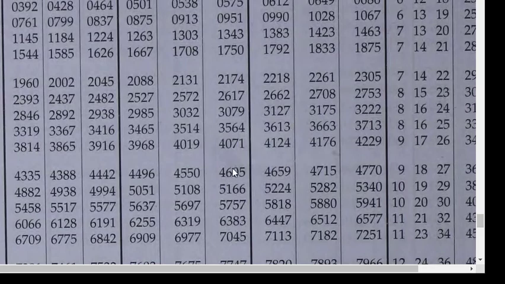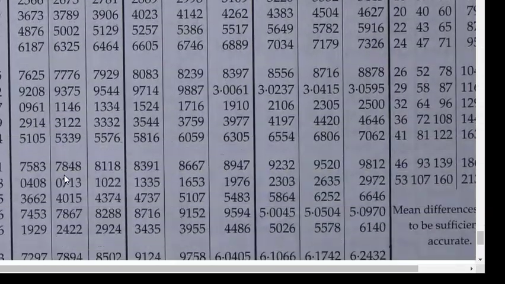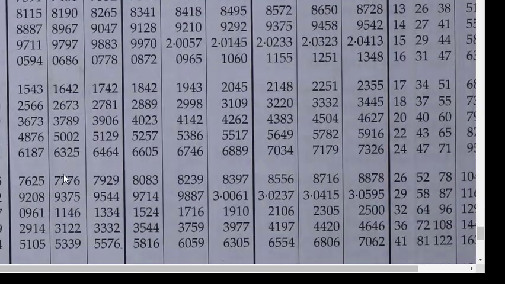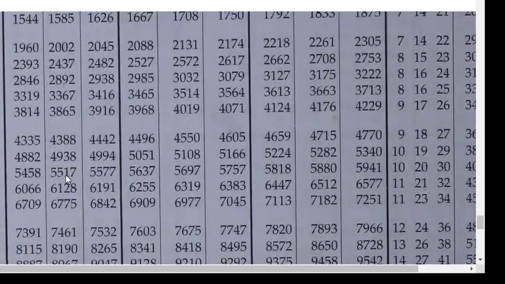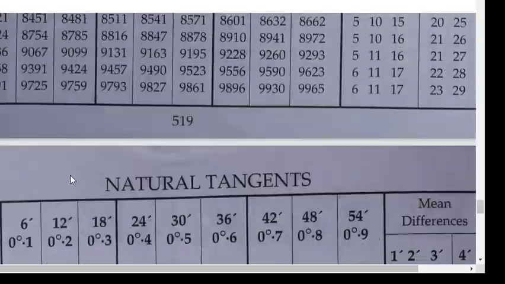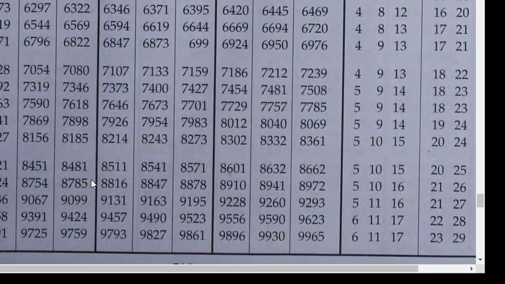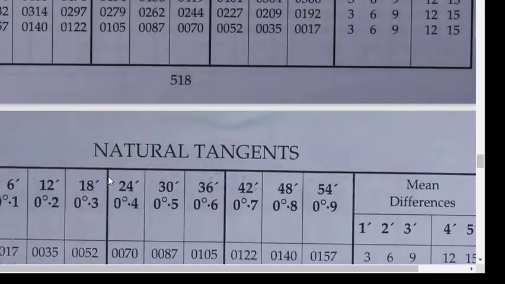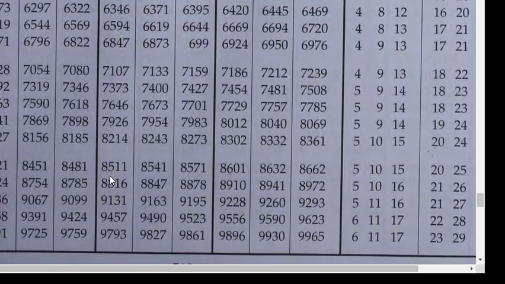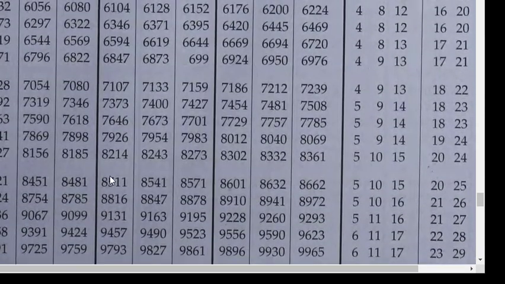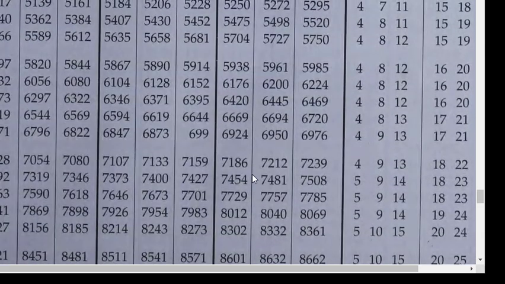Now in tangent we have to see where we will get 0.6666. It is increasing, and before 45 degrees, this is the natural tan chart. We have to see where 0.6666 is. Here 6565, 6594, 6619, then 6644, then 6669.